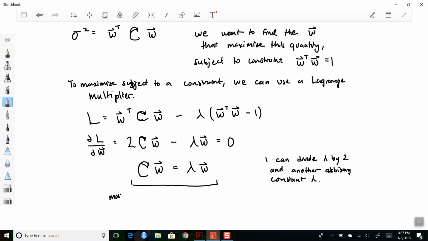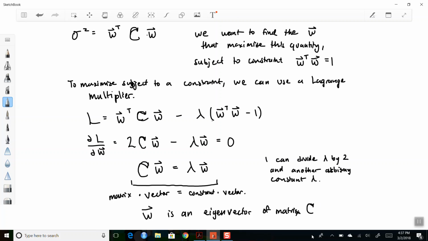So basically W is an eigenvector of the matrix C. Do you guys recall eigenvectors?